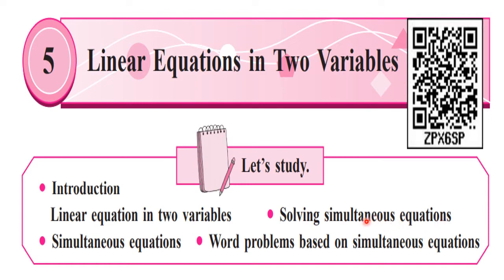Before that, we will see what the meaning of simultaneous equations is and then how to solve them by using various methods. There are two different methods to solve the simultaneous equations. And finally, we are going to see the application of these simultaneous equations, that is word problems based on simultaneous equations. Okay, so let us start.